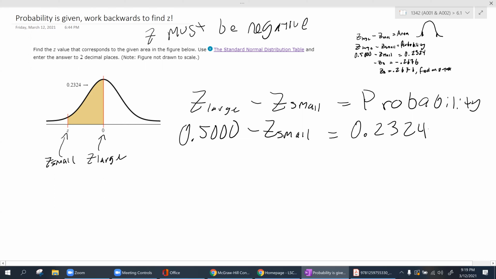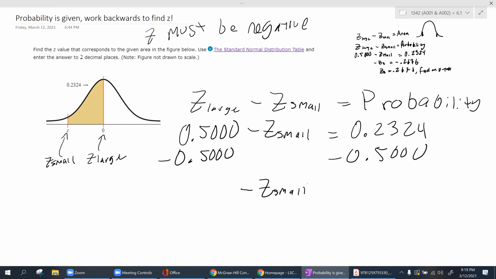What are we going to do now? We're going to solve for z small. Let's subtract this from both sides. Then negative z small is equal to 0.2324 minus 0.5000, and this gives me negative 0.2676.